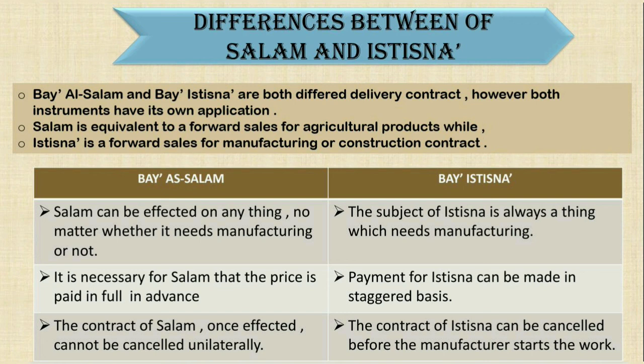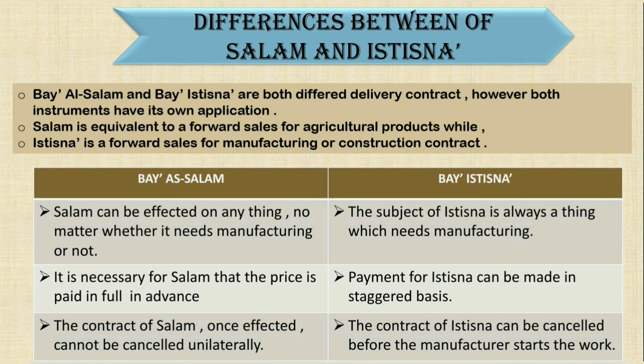Okay, maksudnya dekat sini, bai' as-salam dengan bai' istisna ni adalah kedua-dua kontrak penghantaran yang ditangguhkan, namun kedua-dua mempunyai aplikasi sendiri. Salam adalah forward sale untuk produk pertanian dan istisna pula ialah forward sale untuk kontrak pembuatan atau pembinaan.